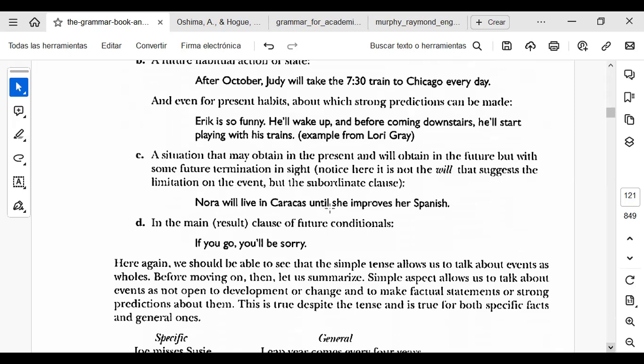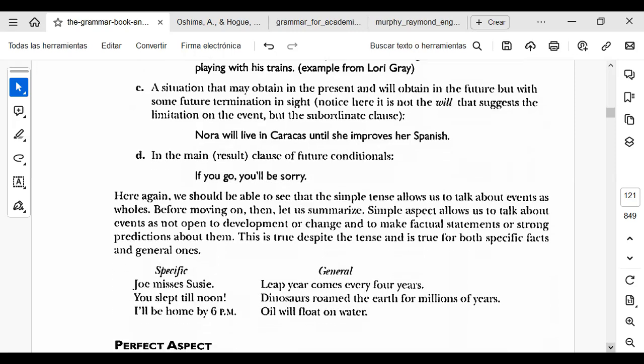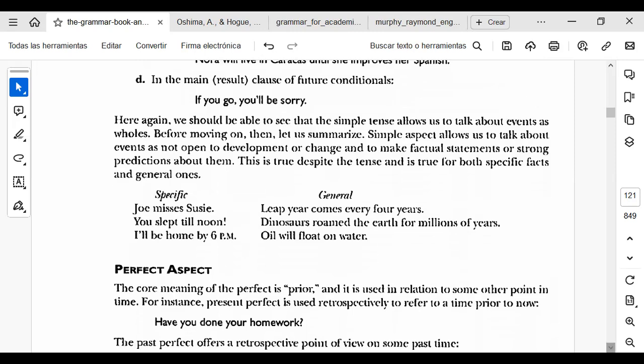Nora will live in Caracas until she improves her Spanish. In the main result clause of a future conditional: if you go, you will be sorry. And we have already seen here the present in the if clause and a future condition. Okay, talking about events as a whole.